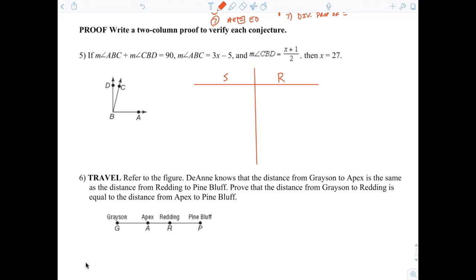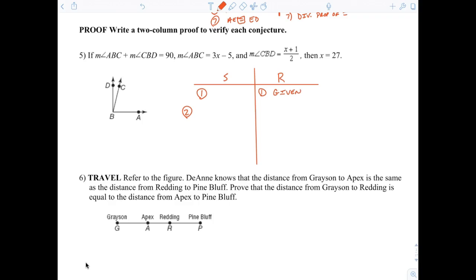Statement and reasons. So again, we would just say number 1 is the given. Now, step 2. Somebody go ahead, fill me in. Step 2.